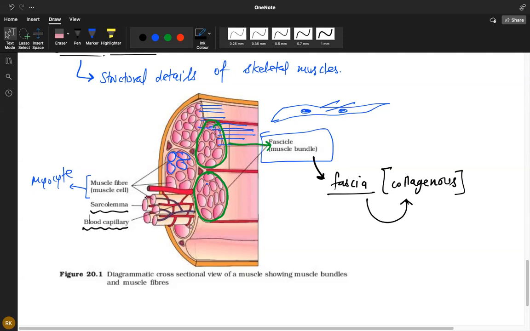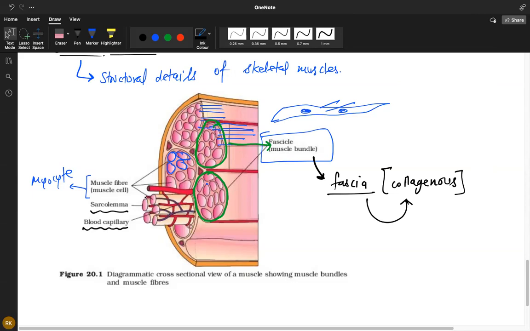If any of you is a non-vegetarian, you must have experienced a fleshy sheath around muscles while having chicken. That is the sarcolemma, and it's a proteinaceous sheath. It's made up of protein, and it covers the fibers.